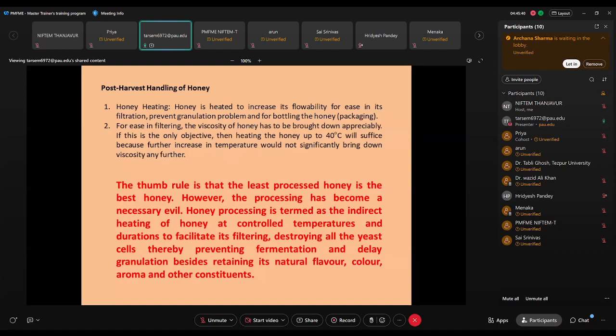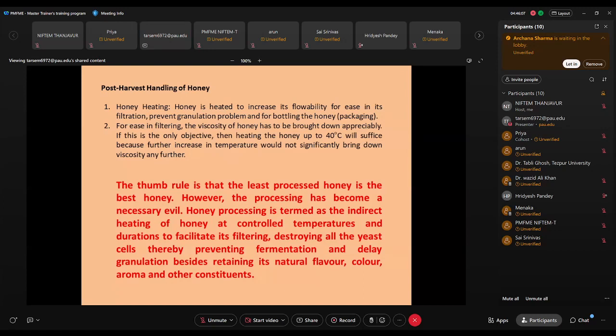and destroy all the yeast cells. Sometimes we collect immature honey, so a lot of yeast cells may be there which have to be killed or inactivated, thereby preventing fermentation and delaying granulation, besides retaining its natural flavor, color, aroma, and other constituents.